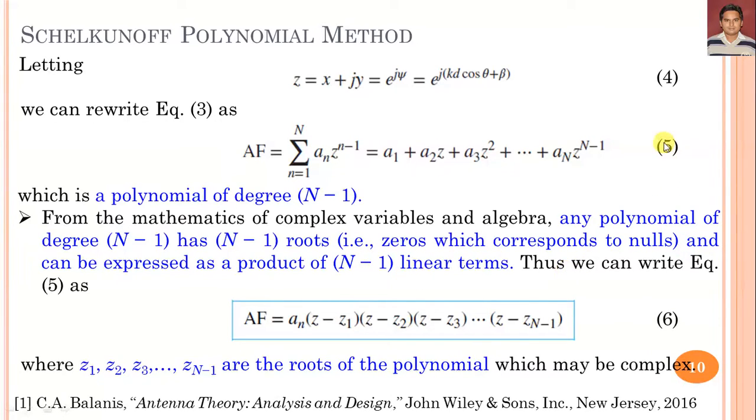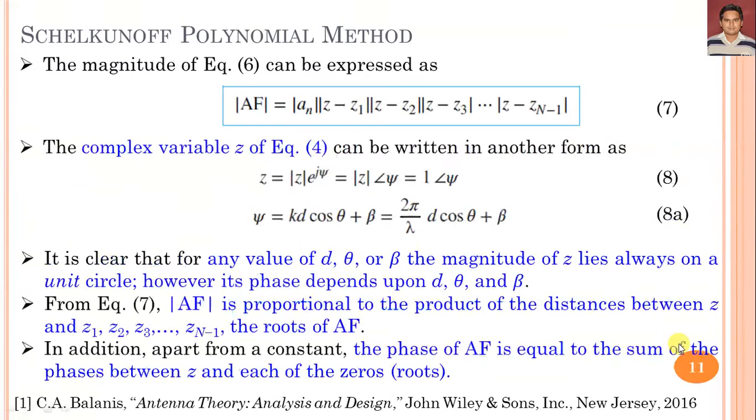Thus we can rewrite equation 5 as the array factor equal to a_N times (z minus z1)(z minus z2) and so on up to (z minus z_(N minus 1)), where z1, z2, z3 and so on are the roots, I mean zeros, which correspond to the nulls of the polynomial, and which may be complex or real. The magnitude of equation 6 can be expressed by equation 7, as you can see here, the modulus of the array factor equal to this expression.